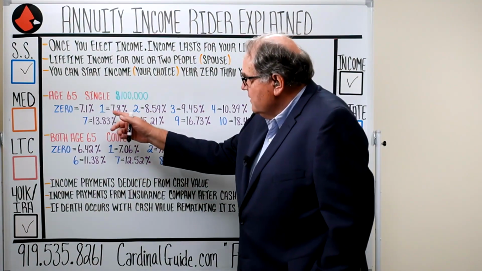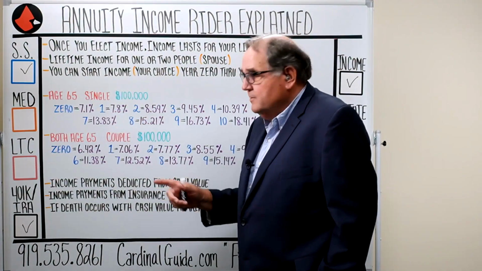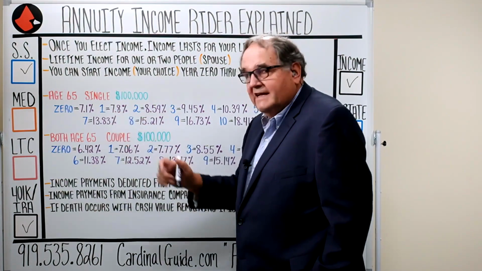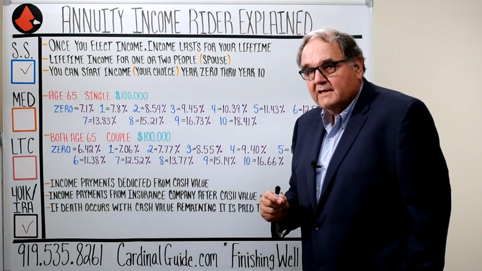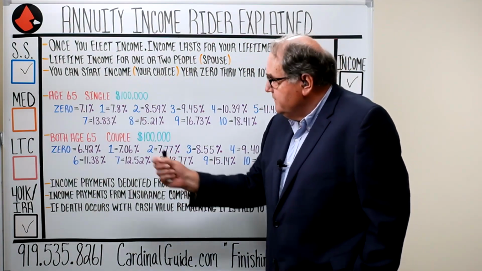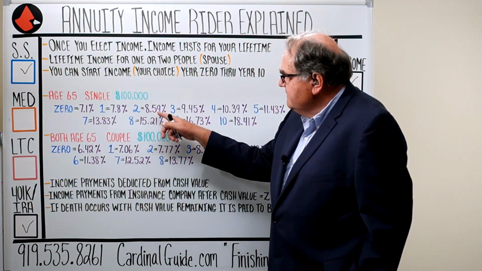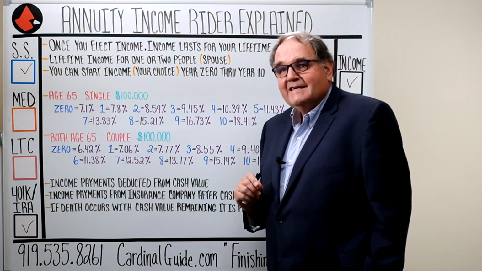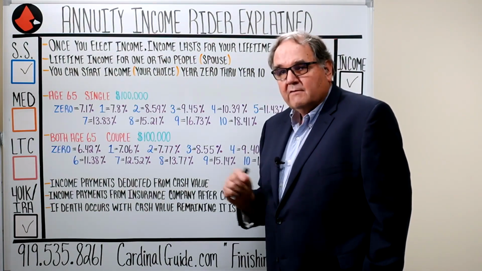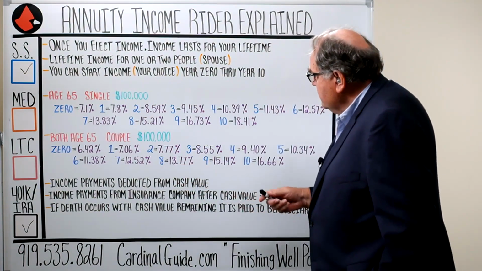If you waited a year, or actually waited till your next birthday, you'd get a $7,800 a year income for life. If you waited till your second birthday after you bought it, you'd get $8,590 a year for the rest of your life, and so on. I'm going to jump ahead here a little bit.